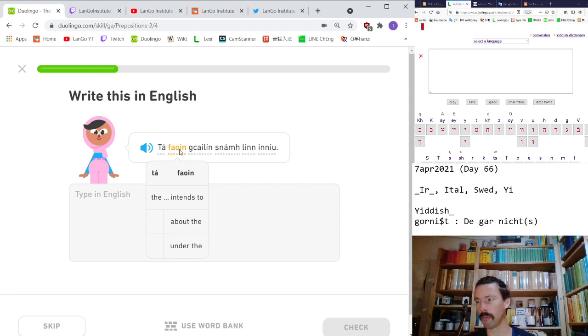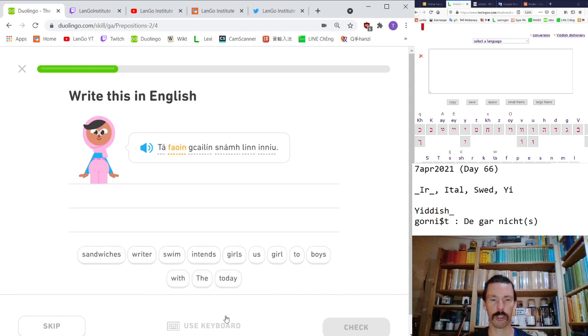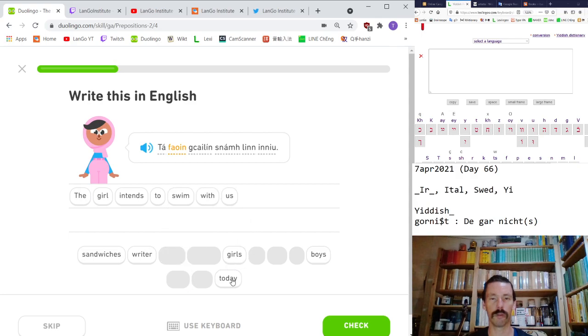It's got the N, makes me think an is there. I guess definite. You know what, let me use the word back. The cailín is singular girl. Intends to swim with us today.